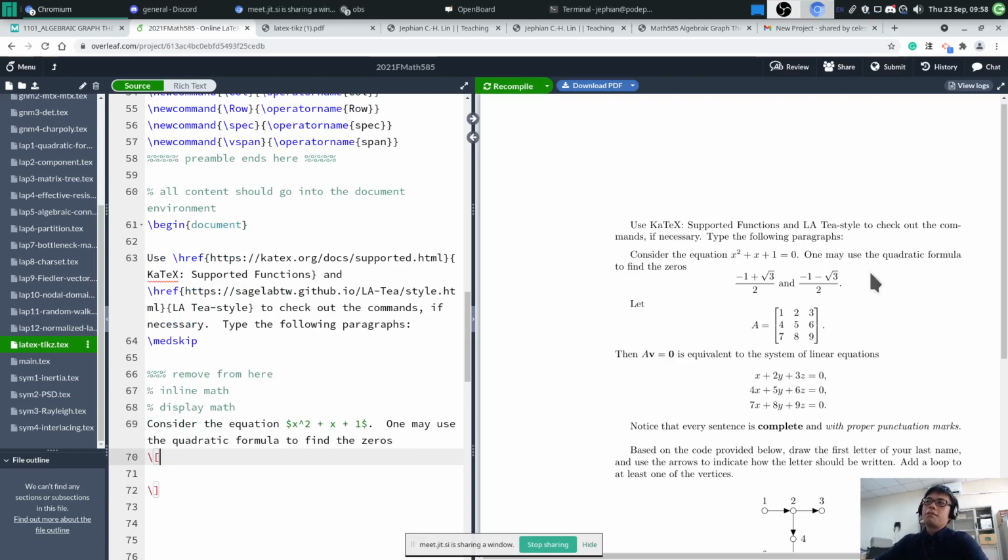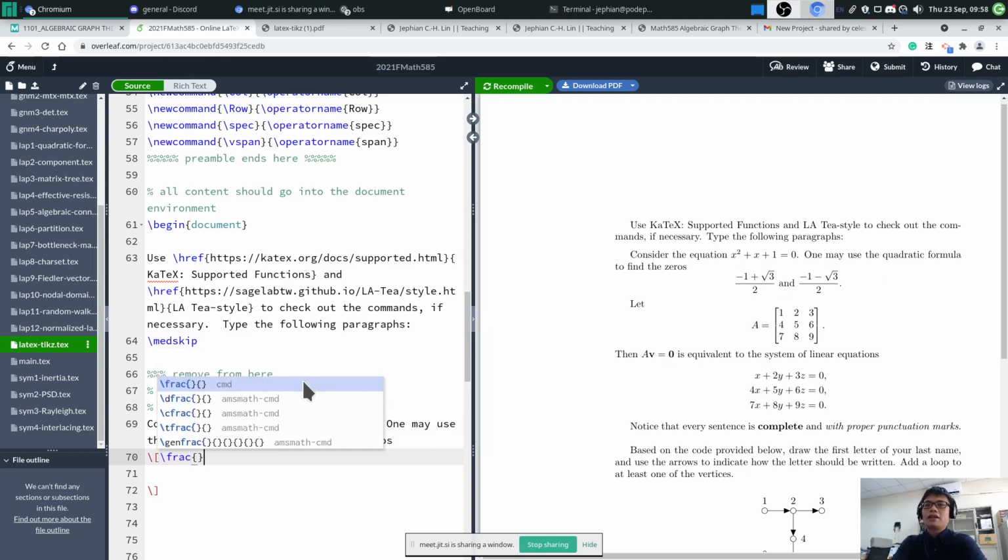So for example, if you want to type a fraction, 分数, you will do \frac and two braces. The first set of braces is the numerator, 分子, and then you will type -1 plus square root of 3.